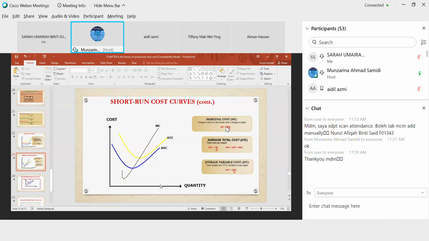AFC becomes smaller and smaller, almost zero but never touching zero. As the number of output increases, AFC becomes very small, and the vertical difference between ATC and AVC becomes very small also. That's why ATC and AVC become closer.